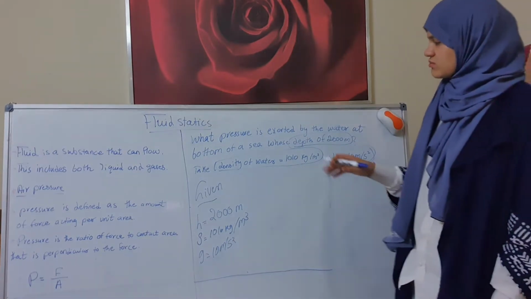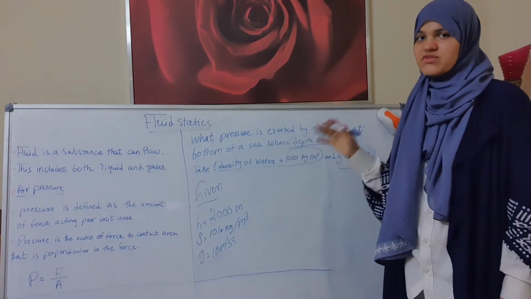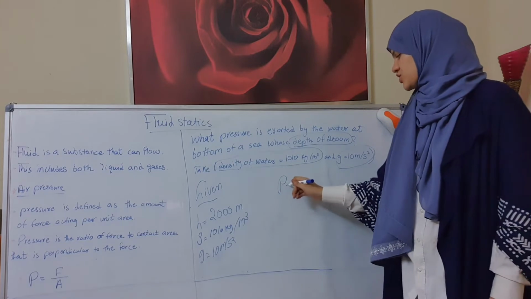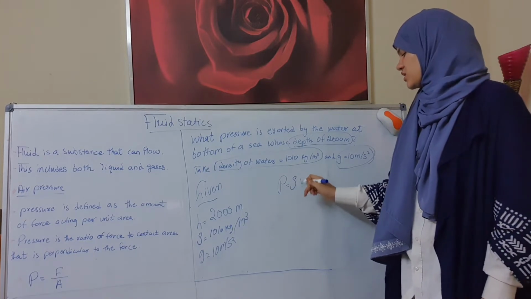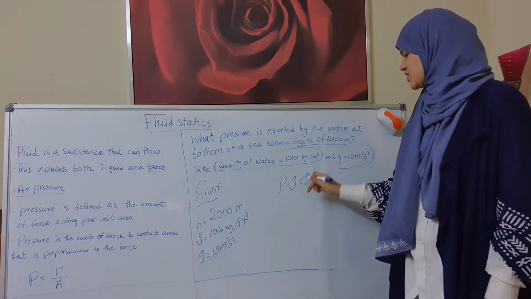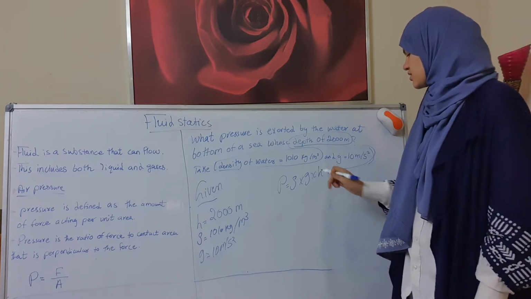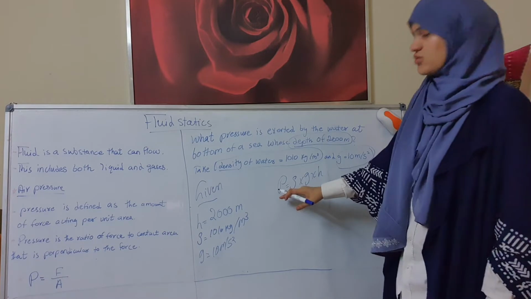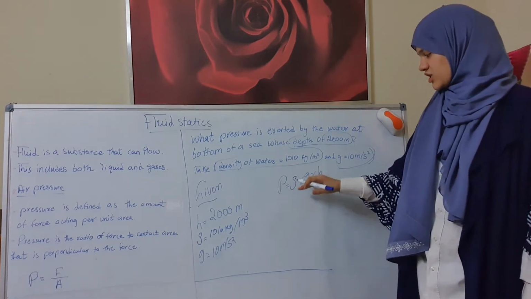Now, the formula for fluid pressure is P, pressure, equal to density times gravity times depth. So that means pressure is equal to rho times g times height.